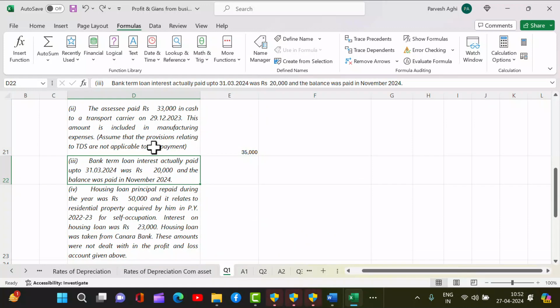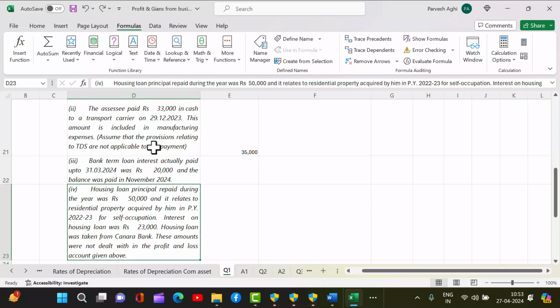Bank interest actually paid up to then was 20,000 and the balance was paid in November. So that will be added. That means only 20,000 will be allowed. The remaining 40,000 will be added because he has paid the money after the filing of the income tax return, whose last date is 31st of October. Okay, fine.